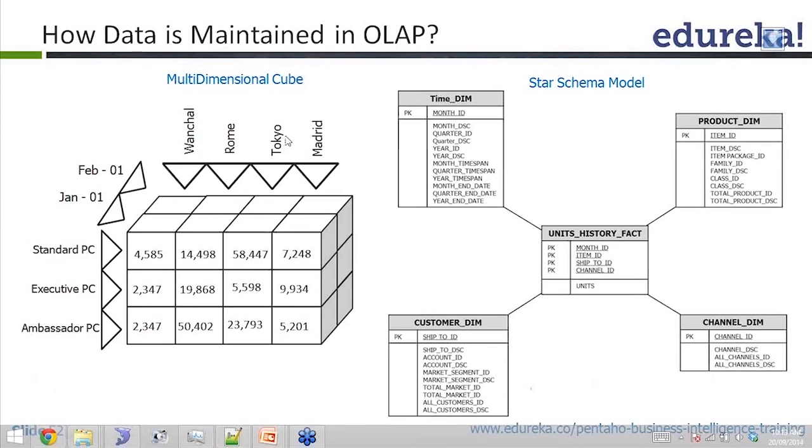So this is geographical information. So this will be the third channel. If you select these three channels, you will get the numbers, which is nothing but this unit. We have added one extra dimension, which is the customer dimension. If you add one more dimension, customer, then you can get the specific number for that particular dimension as well. So we have covered the multi-dimensional cube and star schema model.